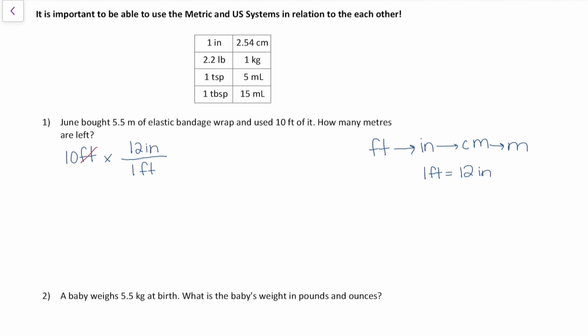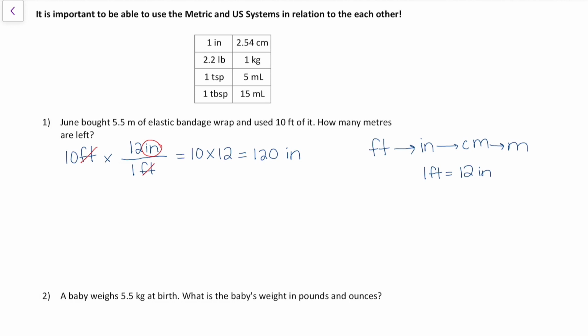That way, these cancel each other out, and I'm left with inches, which is what I'm trying to get to. This tells me I'm going to do 10 times 12 in my calculator. So I get 120 inches. 120 inches altogether is what's been used.